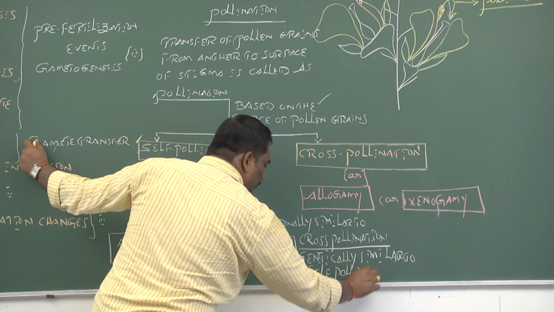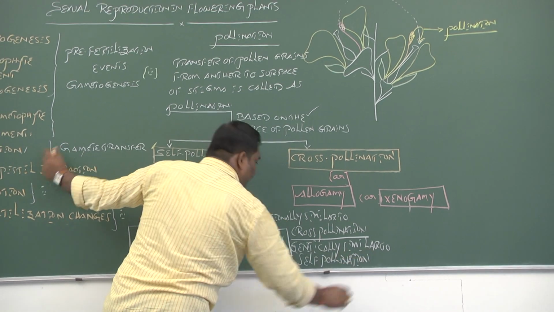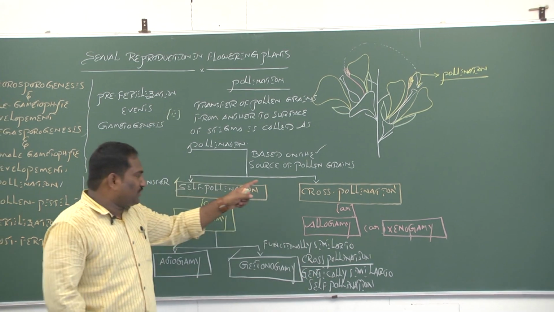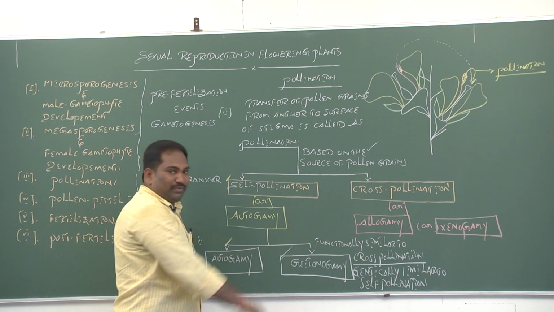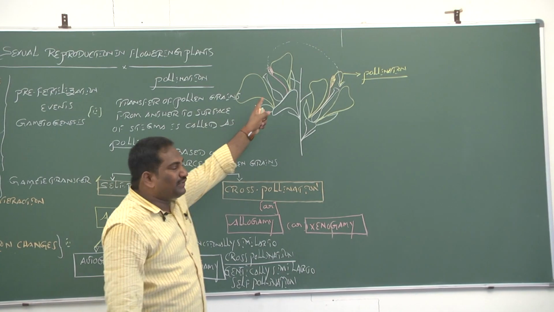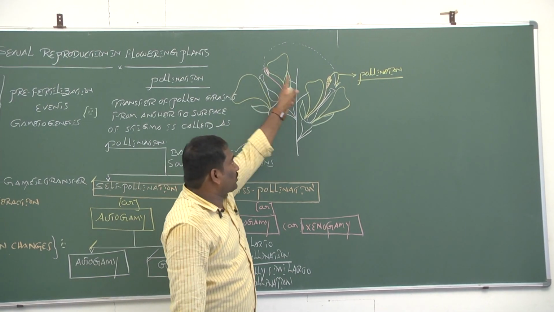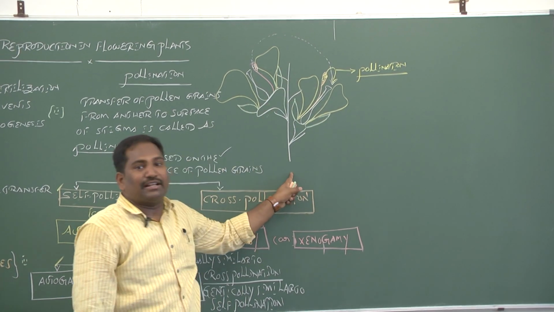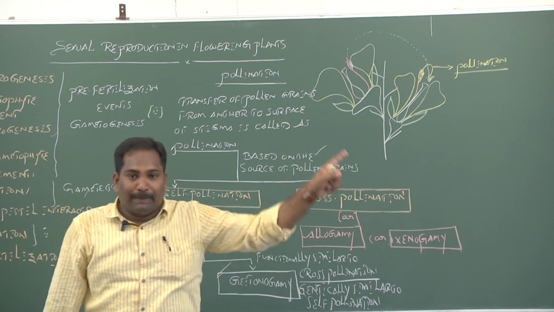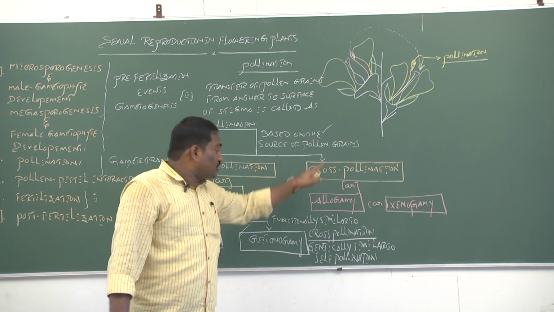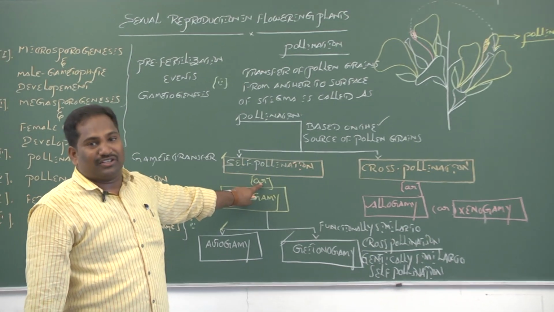Which pollination is functionally similar to cross-pollination and genetically similar to self-pollination? It is geitonogamy. Geitonogamy means the transfer of pollen grains from anther to the surface of stigma between two different flowers of the same plant.